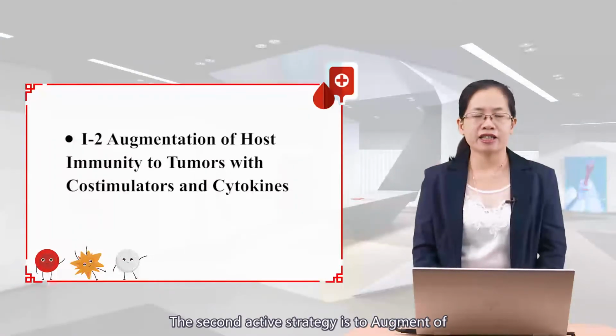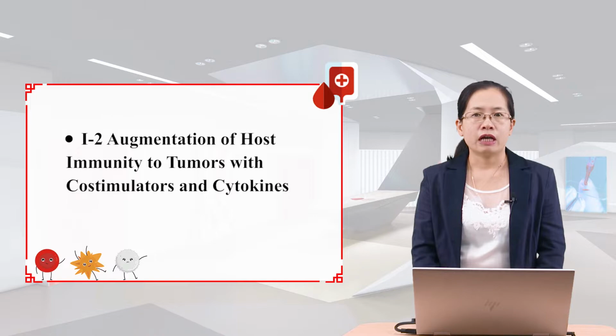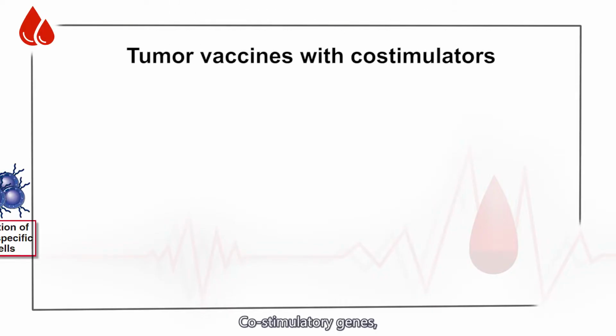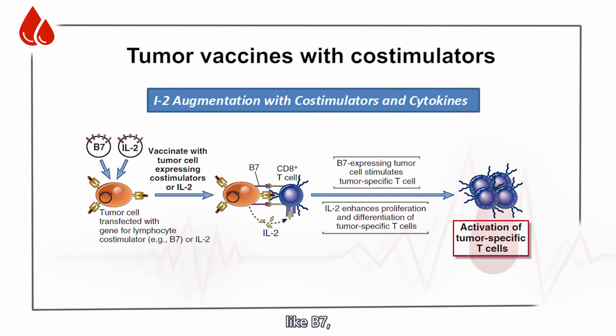The second active strategy is to augment host immunity to tumors with co-stimulators and cytokines. Co-stimulatory genes like B7 or cytokine genes like IL-2 could be transfected into tumor cells.